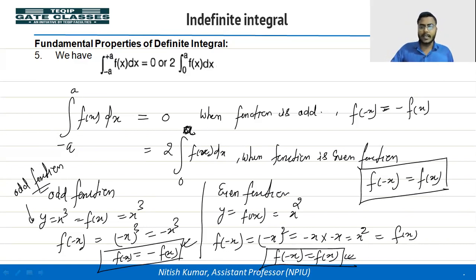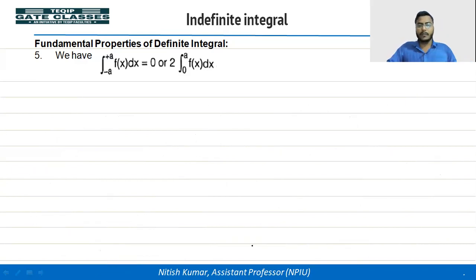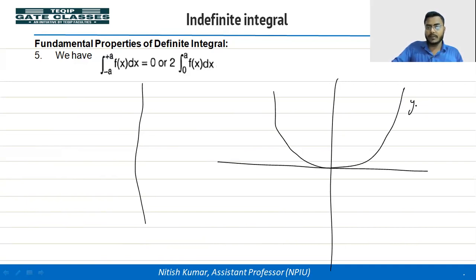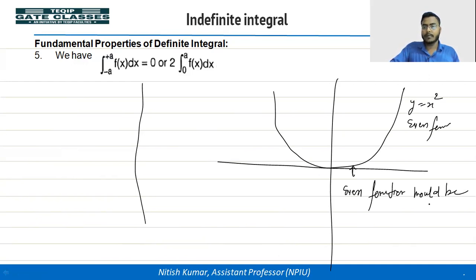Now let's check from the graph also what the even function and odd function are. Suppose this is the even function, y equal to x square. An even function would be symmetric along the y-axis.